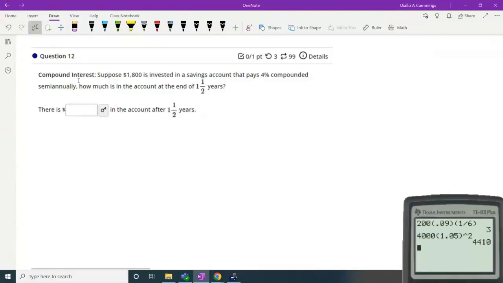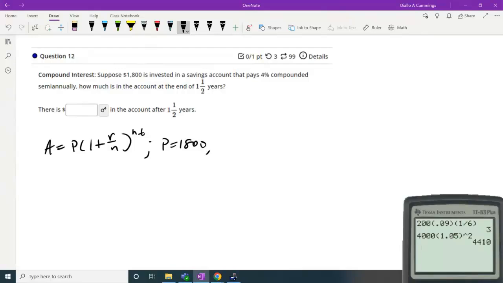So this is a compound interest problem: P times 1 plus R over N raised to the NT. P is going to equal 1,800. R is 4%. N is going to equal 2 because it's compounded semi-annually. And T is in years, so I'm going to put in 1.5.